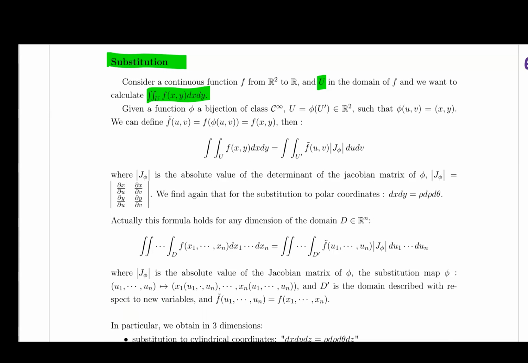Okay, so let's see a bit more precisely. You already know that if we want to perform a substitution, we are going to need a well-defined substitution. So let's write it this way. You have the variables x, y, and you have new variables u, v, and they are related by this relation: phi of (u, v) is (x, y).